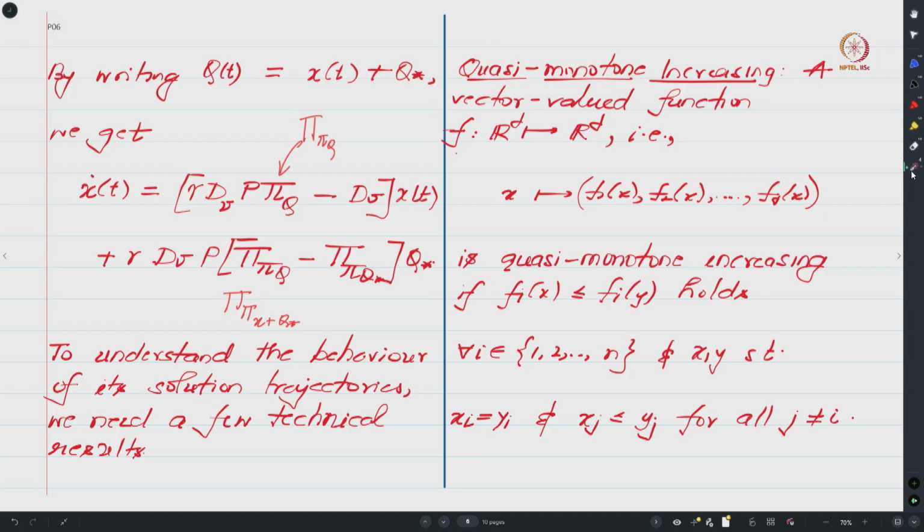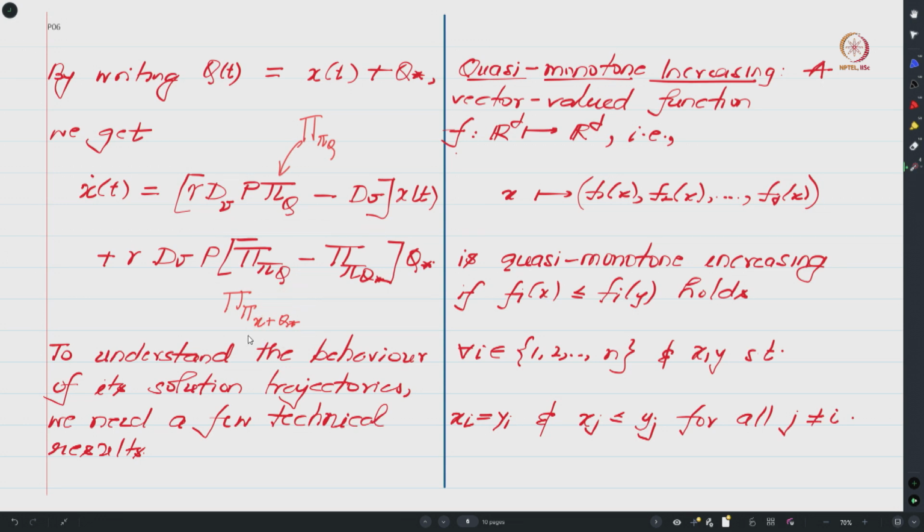Okay, recall that x of t is q of t minus q star, and hence q of t will be x of t plus q star. So this q can also be written in this fashion, and this q can also be written in this fashion, so that eventually you will not have any q anywhere. Instead, the whole update driving function of this limiting ODE will be a function of x itself.